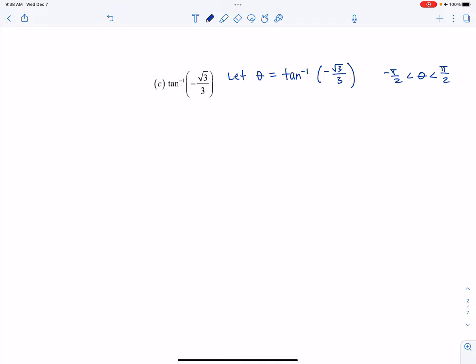So now, since we have a tangent inverse, if I want to undo that or think of the inverse of it, it's tangent. So I'm going to take the tangent of both sides. And I have tangent of tangent inverse of negative root 3 over 3.